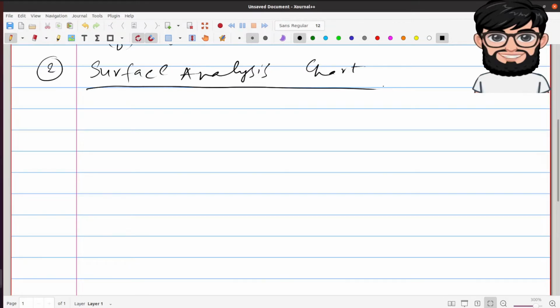Basically, they depict the distribution of several items, including the sea level pressure, the positions of highs, lows, ridges, troughs, the location and character of fronts, and also the different boundaries. Those are the things covered by the surface analysis chart.